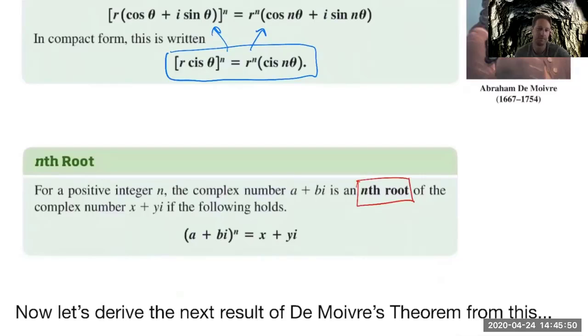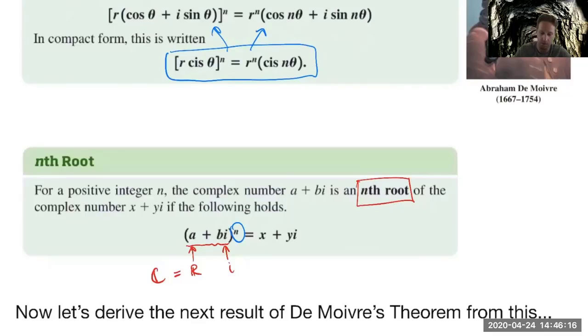What this very succinctly says is, if I had some complex number, because we have a real and imaginary part, which makes it complex, and it was raised to the nth power, then how would I find all of the roots, the answers for this thing?